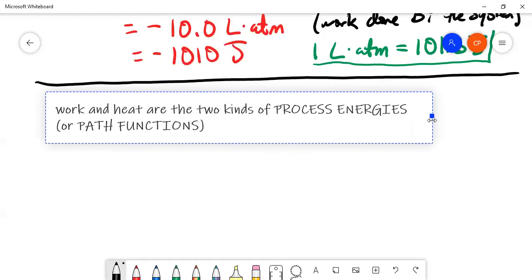Now, one other word from our sponsor here, real quick. Okay? The phrase process energy is very much my own. It is a phrase I'm going to use repeatedly when describing what work and heat are and how work and heat behave.